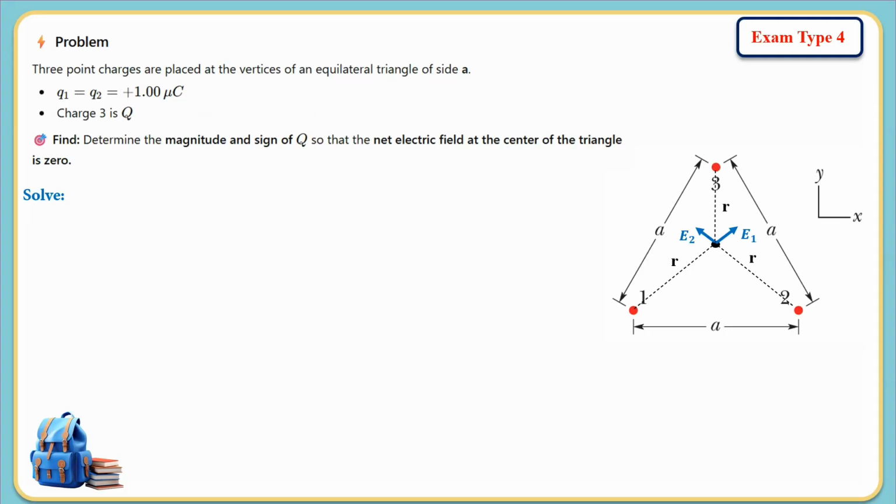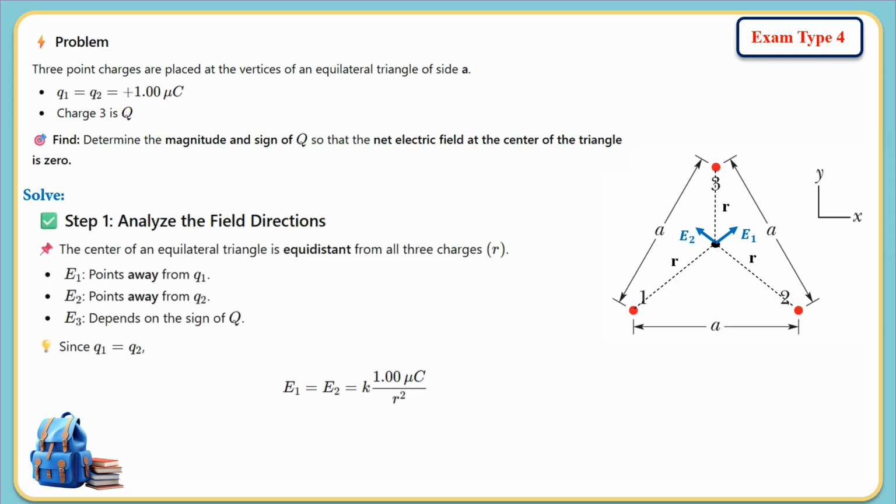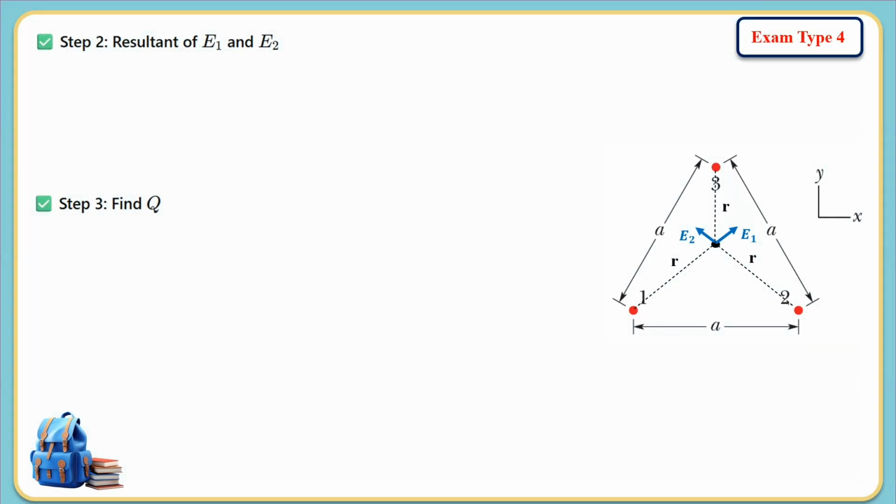Now, let's solve the problem step by step. Step 1. Since Q1 and Q2 have equal charges and are the same distance r from the center, their electric fields have equal magnitudes. So E1 equals E2 equals k times 1 microcoulomb divided by r squared. Now, let's continue with the remaining steps.